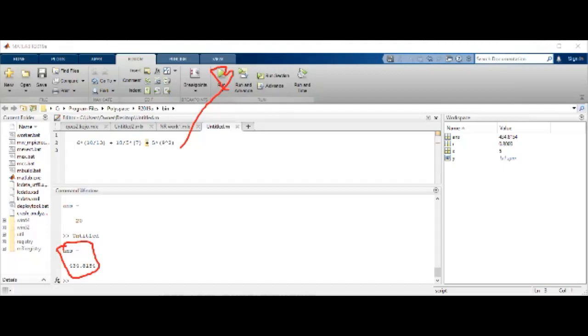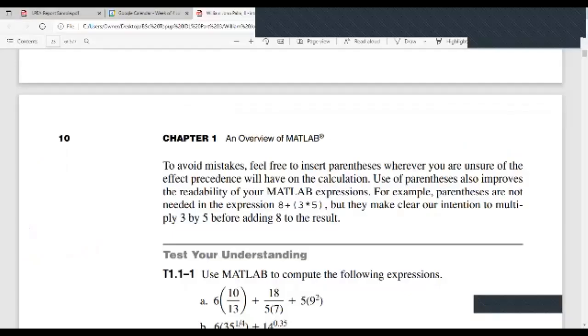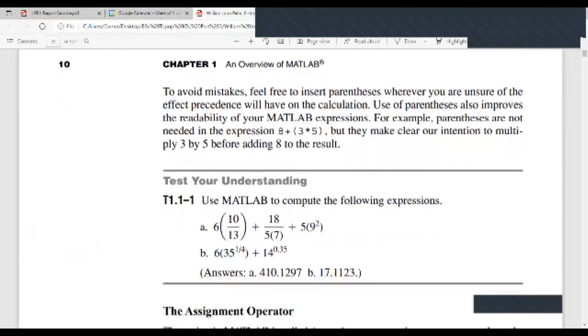Let me unshare and share this, and let's check the answer. Amos, are you there?